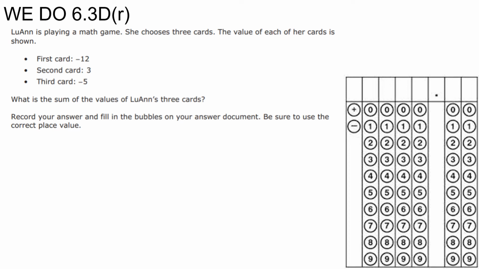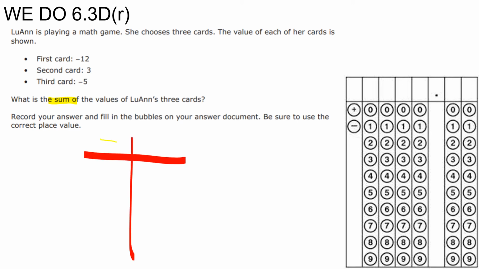So here we have 3 cards, and based on the 3 cards, we need to find the sum, which we know that we are going to be adding. So a great strategy that I always teach my kids is to draw a chart or a table.